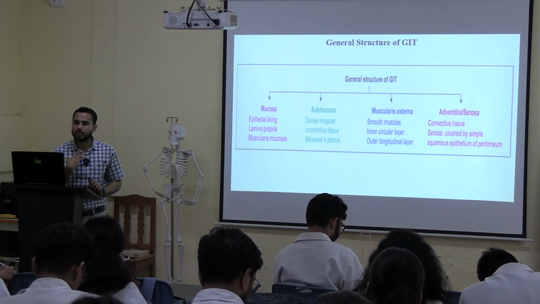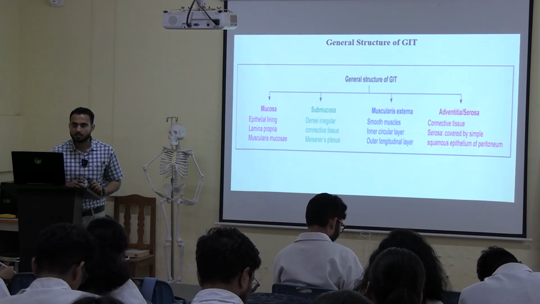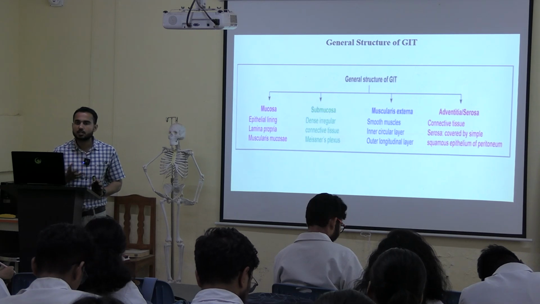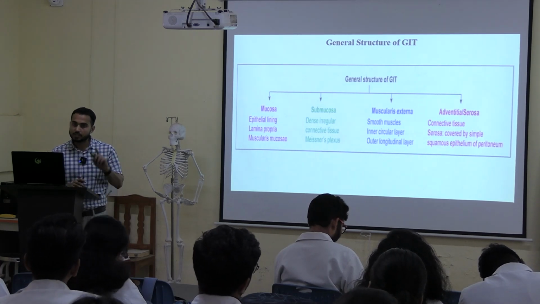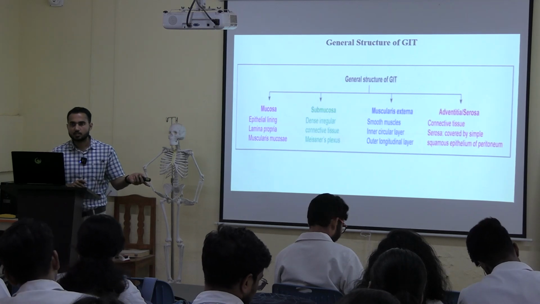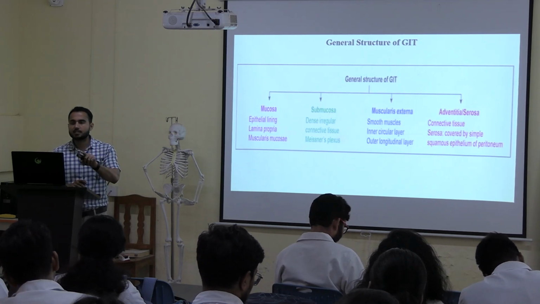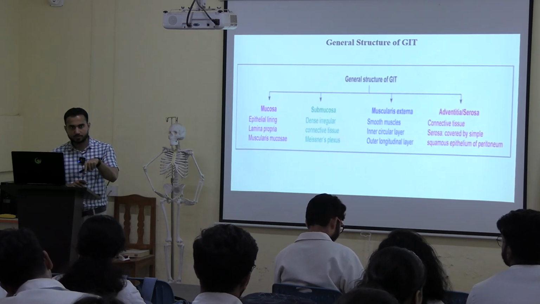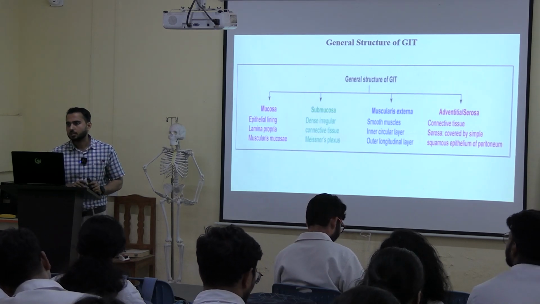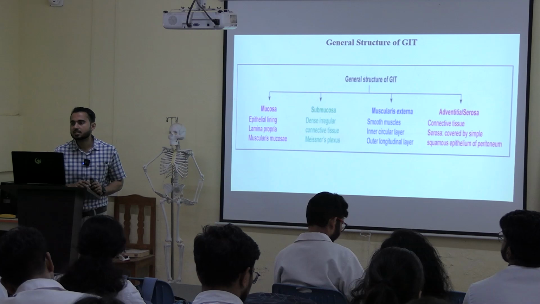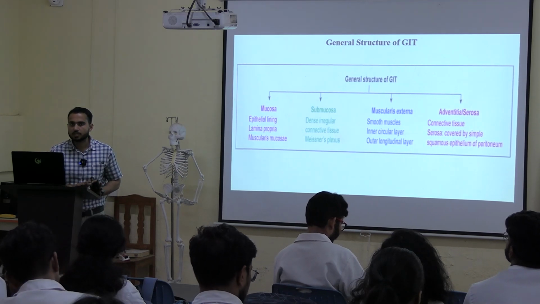Mostly it is in the thorax and some part is in the neck. In those parts there will be no peritoneum, because in the thorax we know peritoneum is not there. So in that case it will be adventitia. But if you are writing about the part of the esophagus near the stomach, then you have to mention that some part is covered by peritoneum. So in that area we will get the serosa.